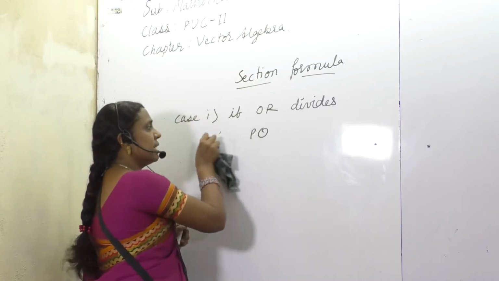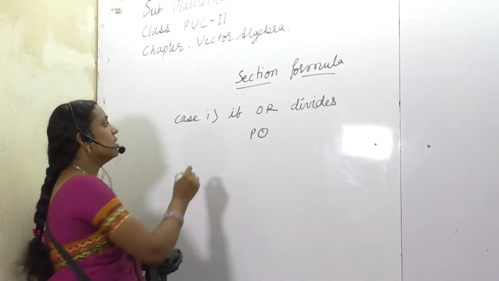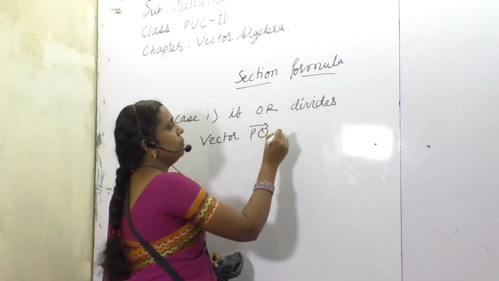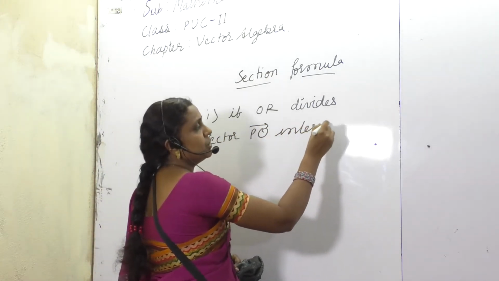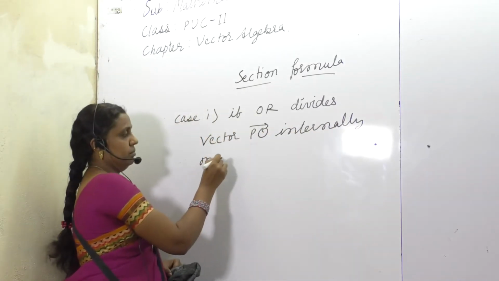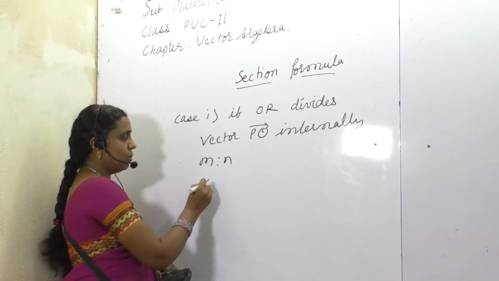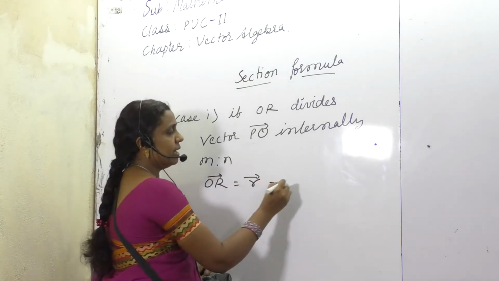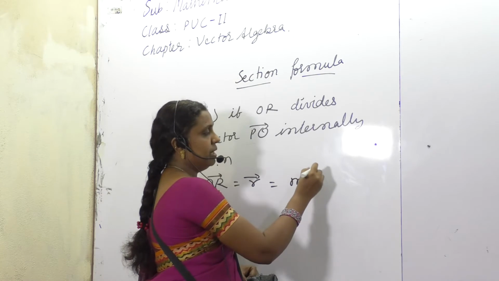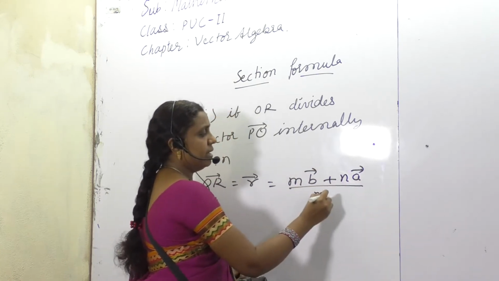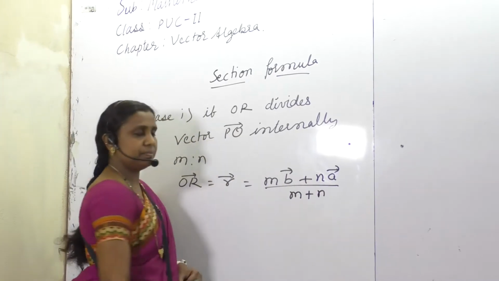In line also the same kind of formula you come across. So here let me put vector PQ internally in the ratio m is to n. Okay, in that case OR, the R vector, is given by (mb plus na) divided by (m plus n).